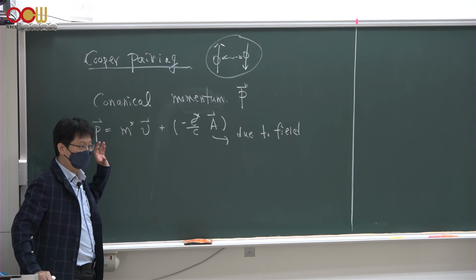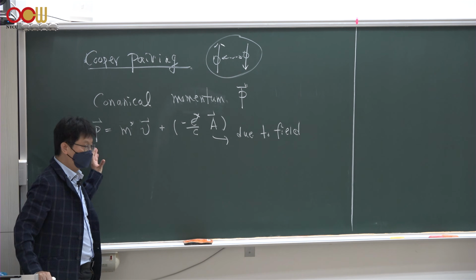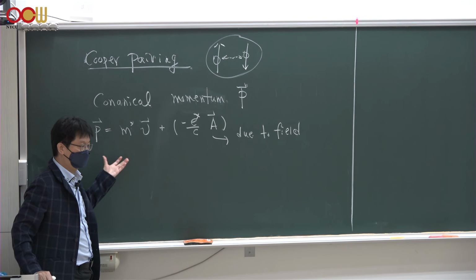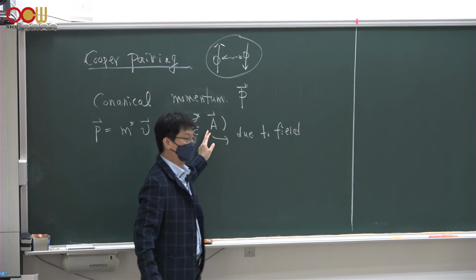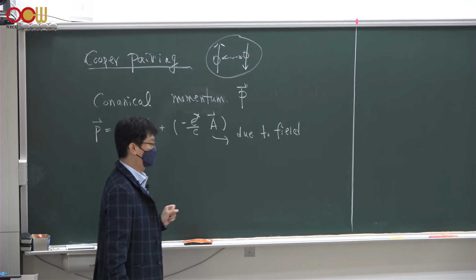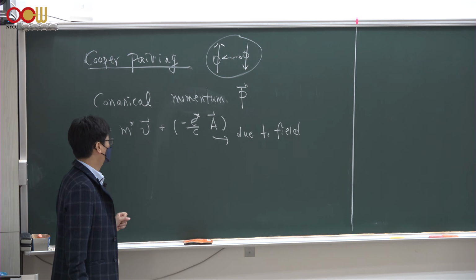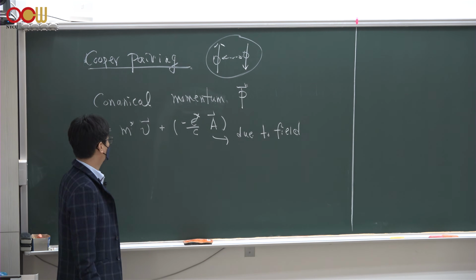And so in electrodynamics, the momentum of a charged particle in a canonical way should be defined in this fashion because of this so-called external gauge field, or the vector potential term, which couples to the charge.